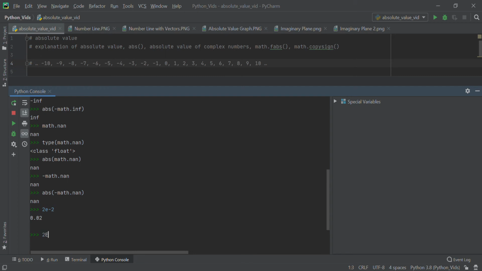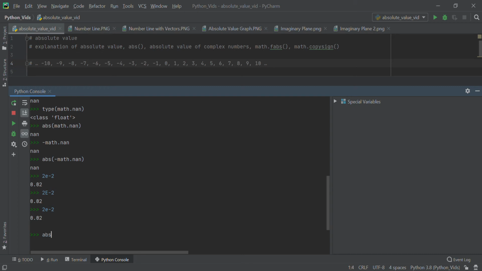And just to show you that it does also work with a capital E in this instance, which is interesting because often in Python you have to be extremely careful about whether or not you're capitalizing something, but in this case it'll give you the same. So 2e to the -2 is 0.02.